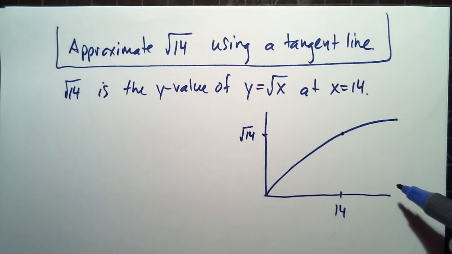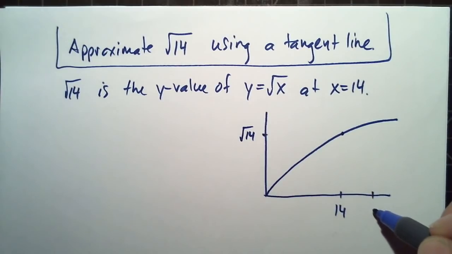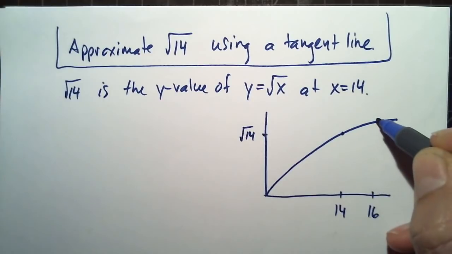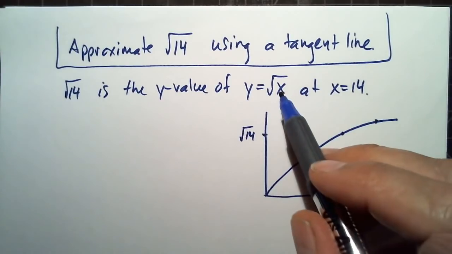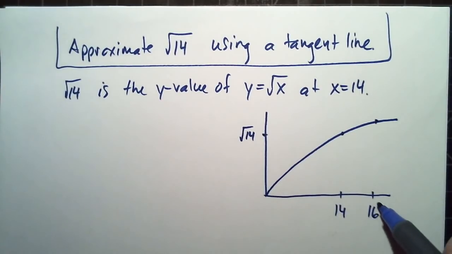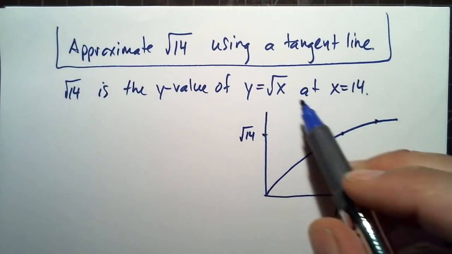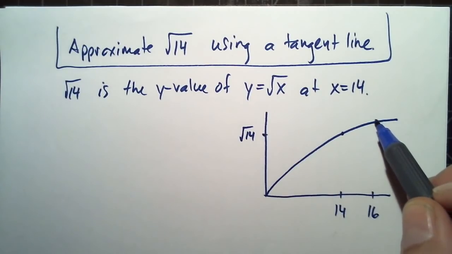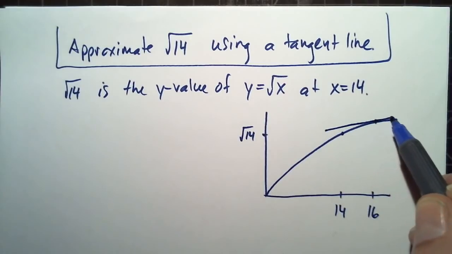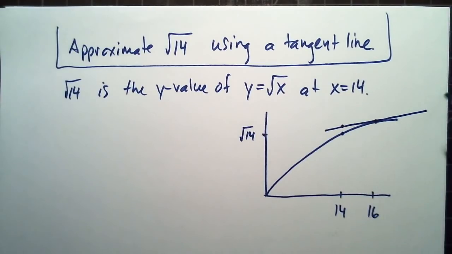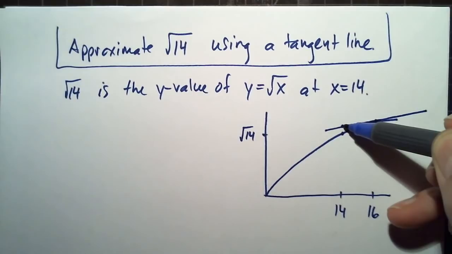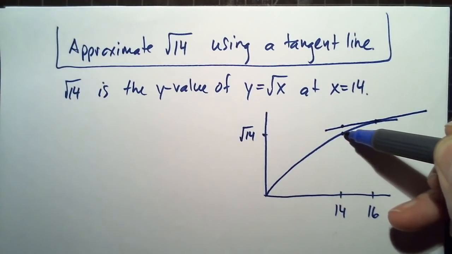So the first step is decide where to put the tangent line. Why don't we choose a number close to 14 that is a square number, in this case because we're doing square root. And I'll just say choose an easy number to use in this, because if we drew this tangent line, we could say that the y value of the tangent line is close to the y value of the function.